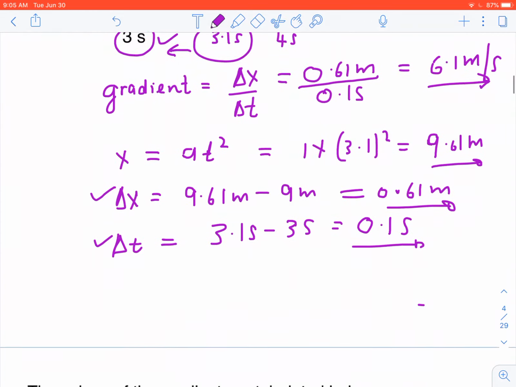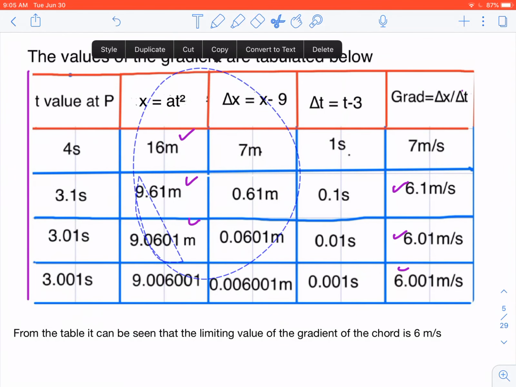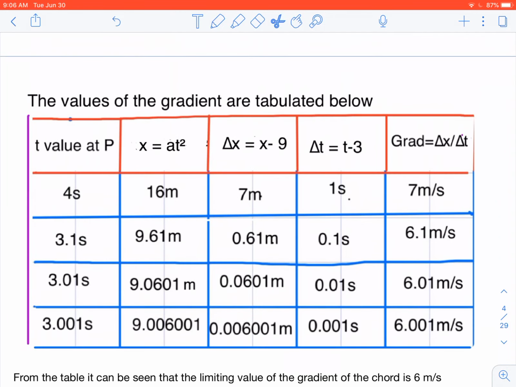Now here it is illustrated nicely in terms of values. Okay, so let's look at that. So we said this is our equation which we use, and when we had 4 seconds, remember that was 16 and the change was 7 meters in position, and that's 1 second, so the gradient or the average velocity was 7 meters per second.